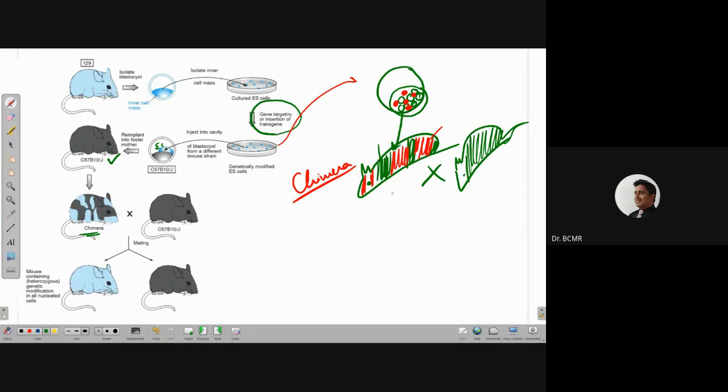Okay. Every organism has somatic cells, the somatic part, and the germline, the germplasm and somatoplasm. There are three possibilities in this chimera. It is possible that all the germline could have been made by the green cells. It is also possible that all the germline is made by just red cells.